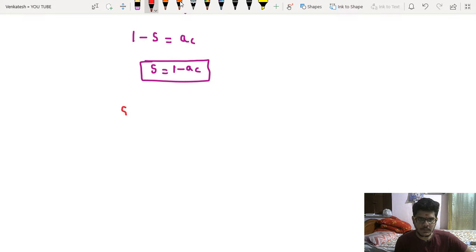So by taking S is equal to 1 minus AC, 1 minus AC is equal to volume of water to the volume of voids. So 1 minus AC will be nothing but 1 minus VA by VV.